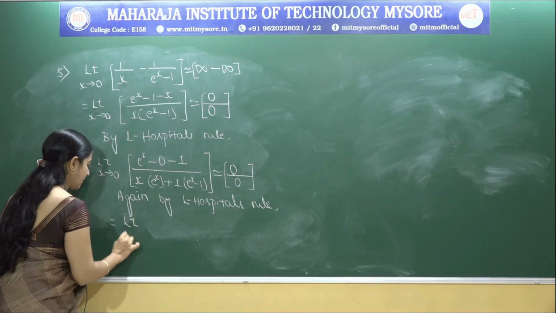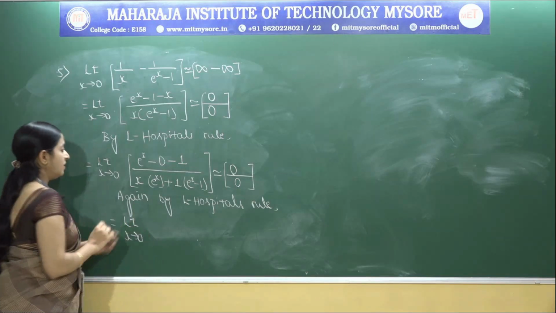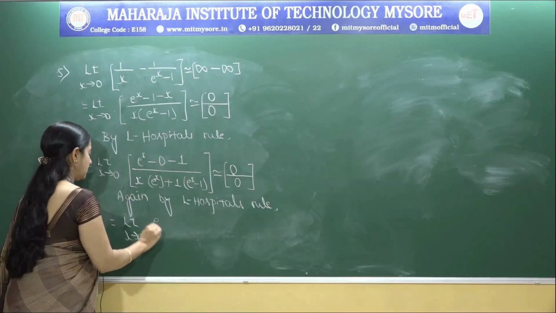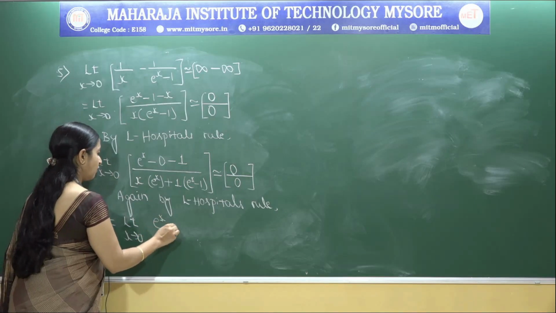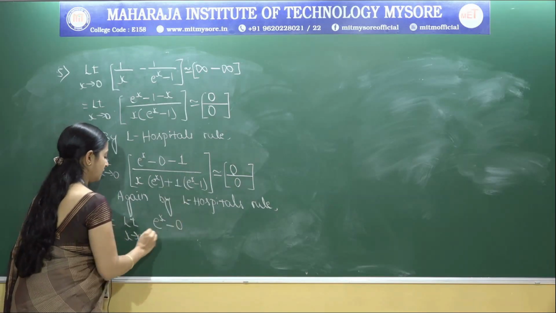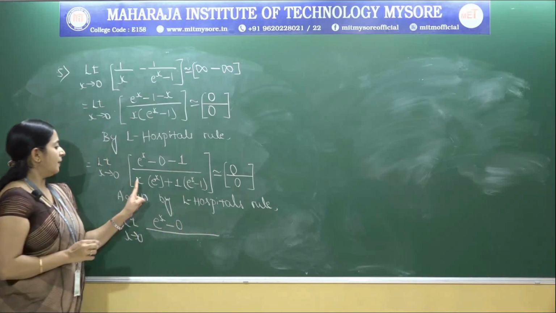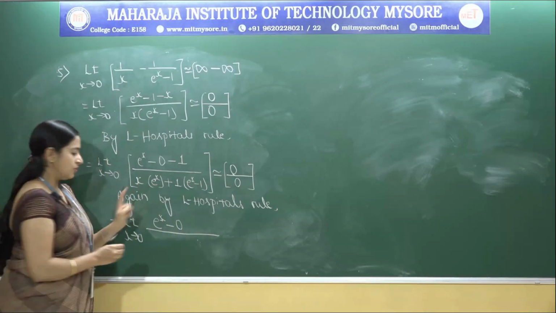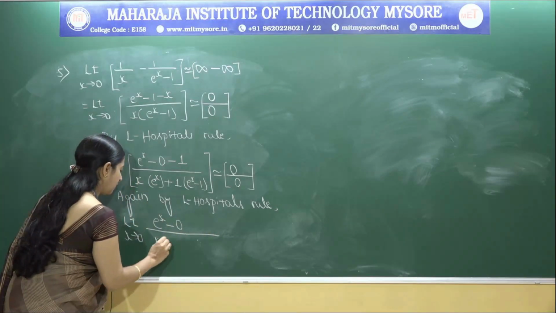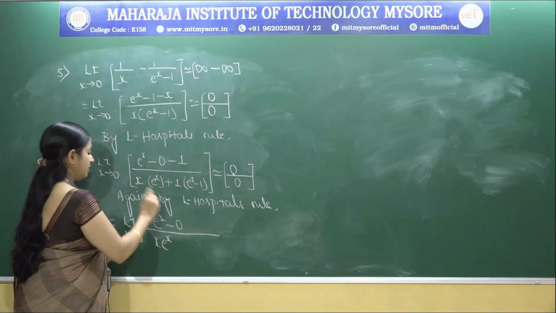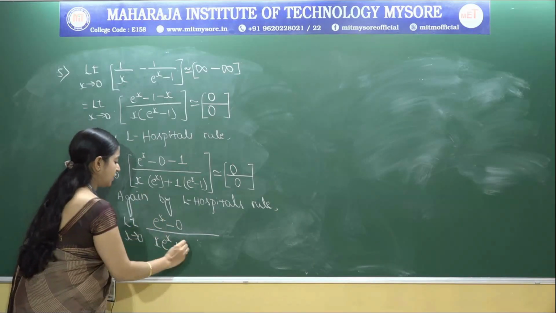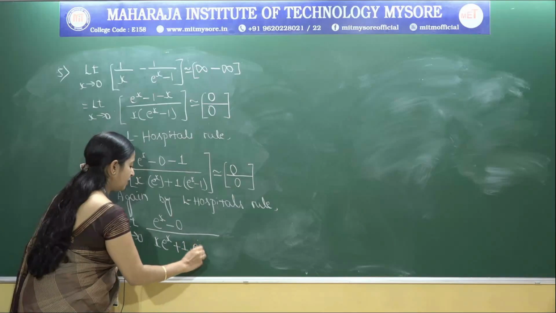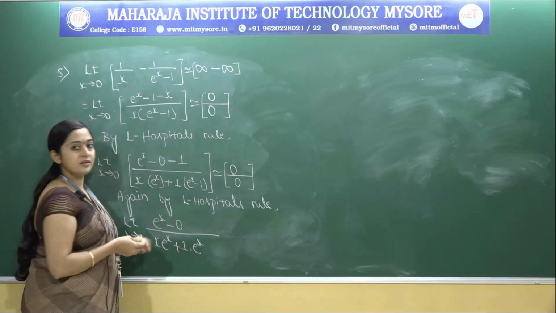The limit of x tends to 0, e power x differentiation e power x, 1 differentiation is 0, denominator, apply the product rule between these two, x e power x plus x differentiation is 1, keep the e power x as it is.